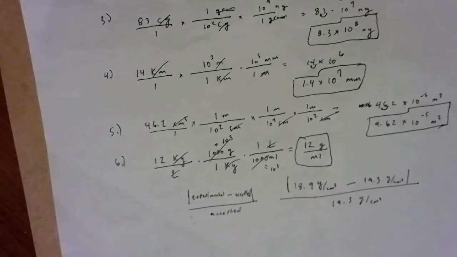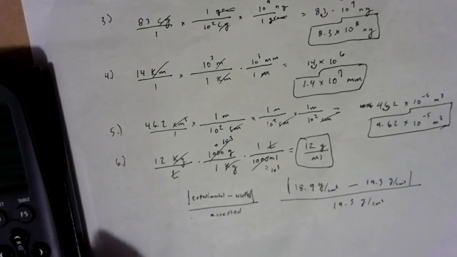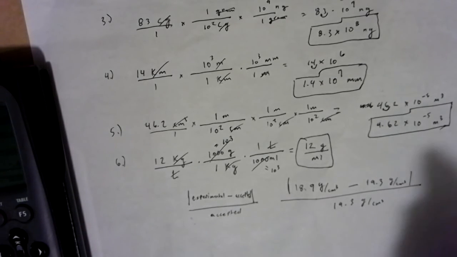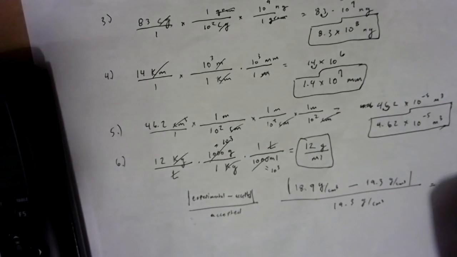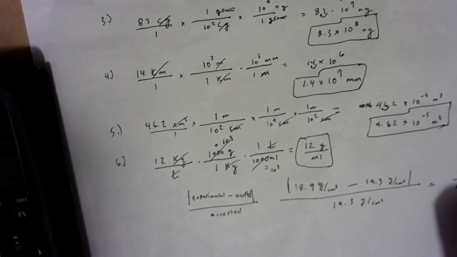And then we can go ahead and simplify this. So let's go check. So let's see what we get here. 18.9. Okay, so I got 0.4 in the numerator, and in the denominator we have 19.3.